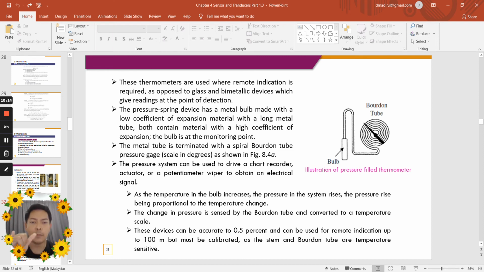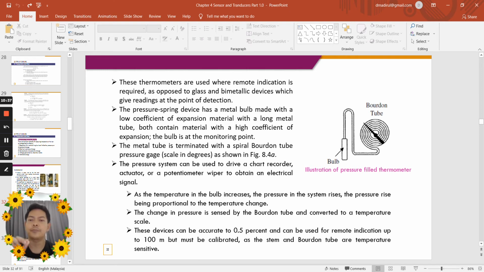The bulb is at the monitoring point. The metal tube is terminated with a spiral Bourdon tube pressure gauge with the scale in degrees, as shown in figure 8.4. You can see here how the metal bulb is terminated with a spiral Bourdon tube that works as a pressure gauge.